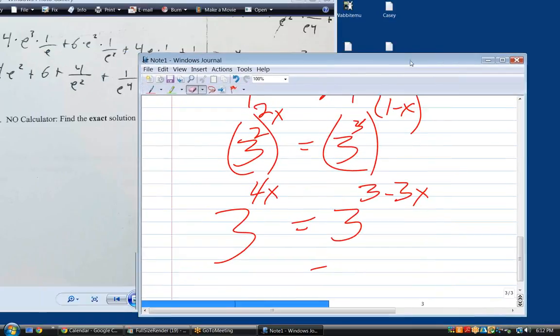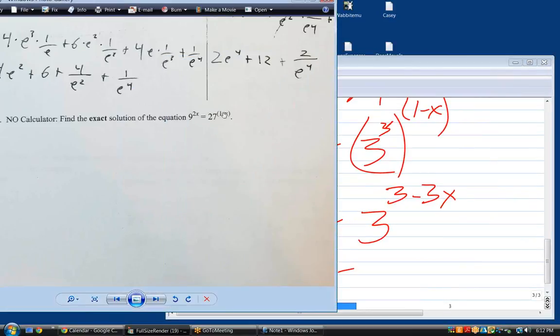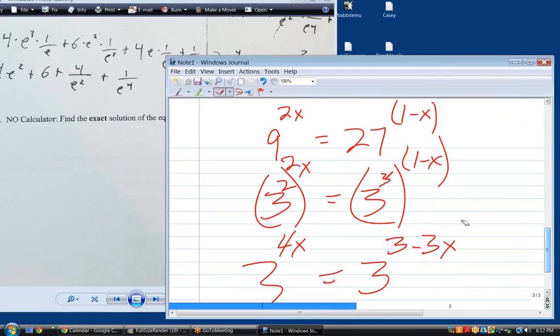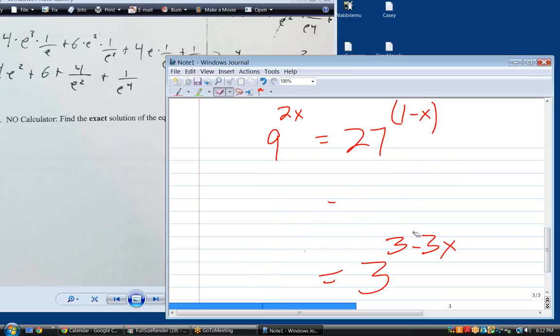It works. Now, typically, if these were numbers other than perfect or common exponential bases, let's say this was 26. Oh dear. Now it's not so easy to solve with that technique. But it's easy enough to solve.